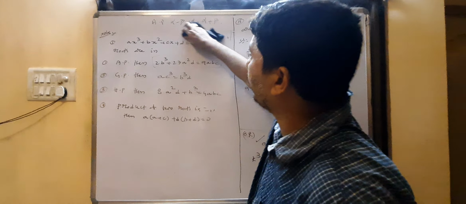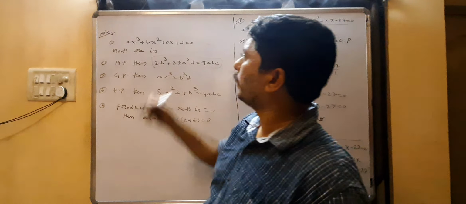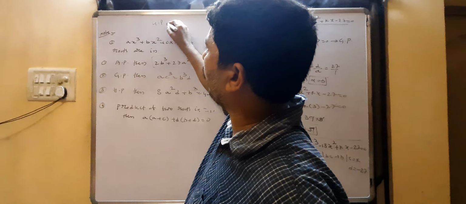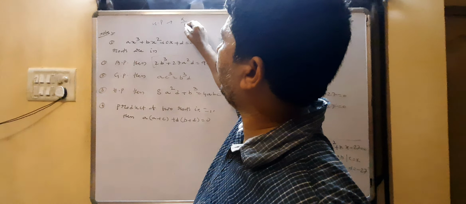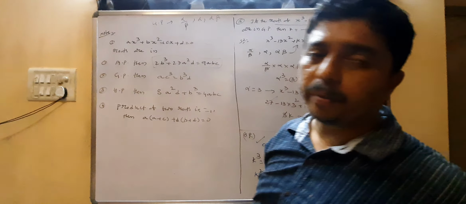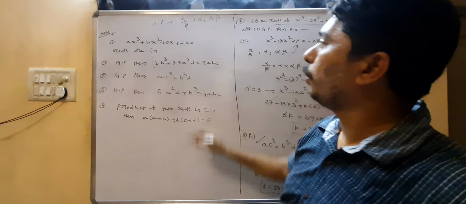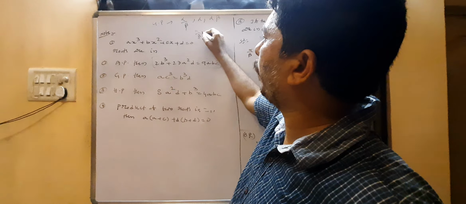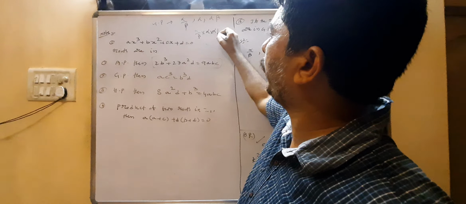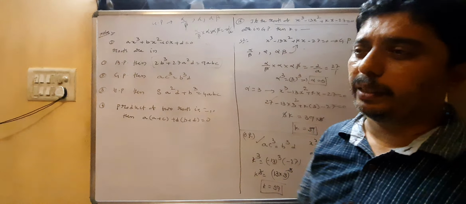Suppose the roots are in GP, that is geometric progression, you can take alpha by beta, alpha, alpha beta as the roots. Product of the roots, alpha by beta into alpha into alpha beta, is minus d by a.